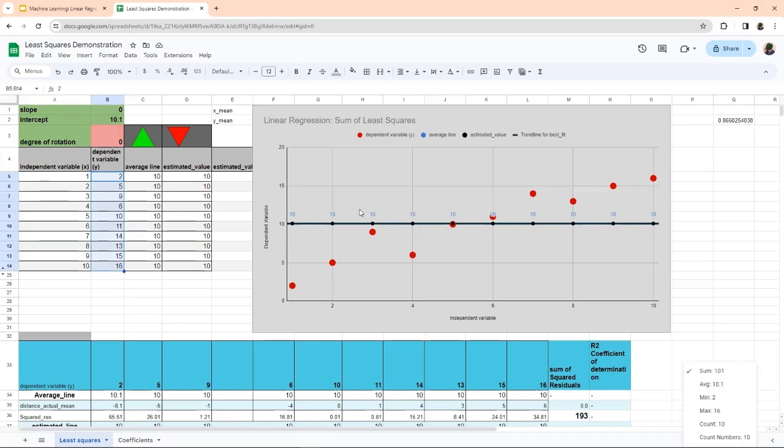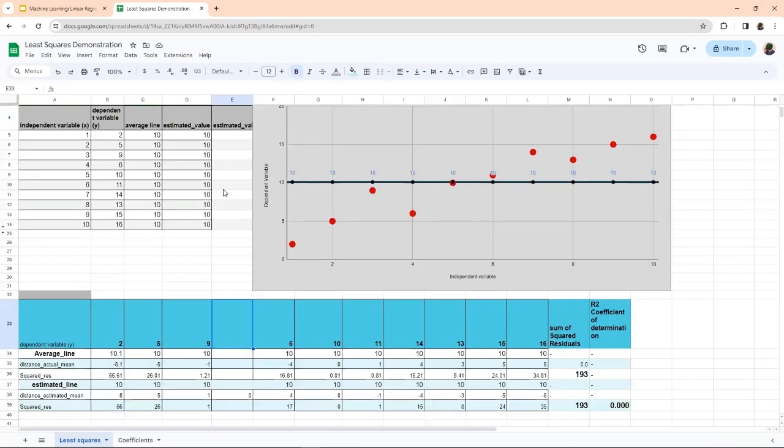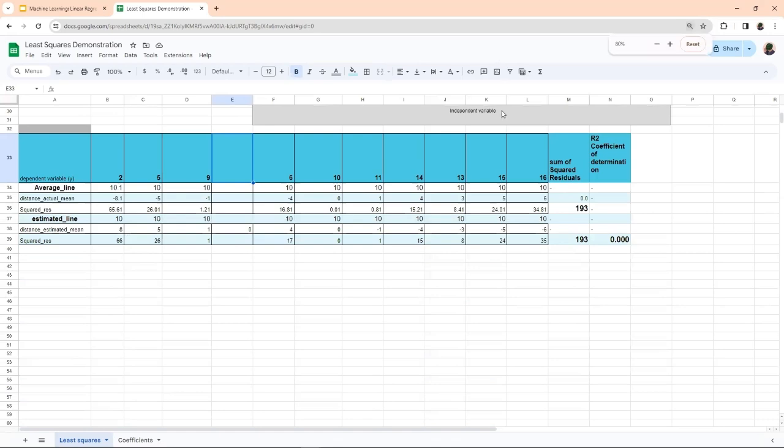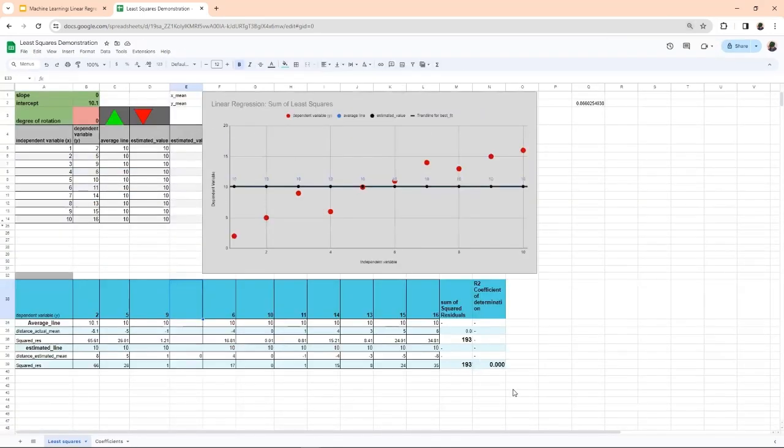So we ask, how good is the average as a predictor? Then we zoom out a bit. Look at our coefficient of determination, it's essentially 0. So this is a terrible predictor, right?